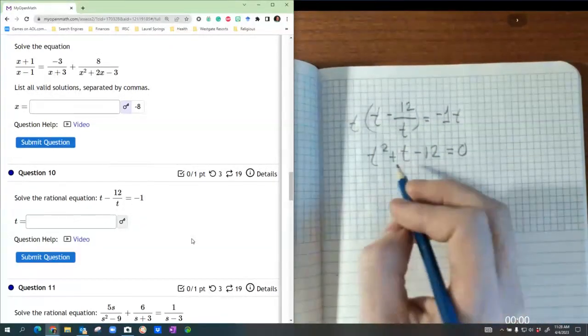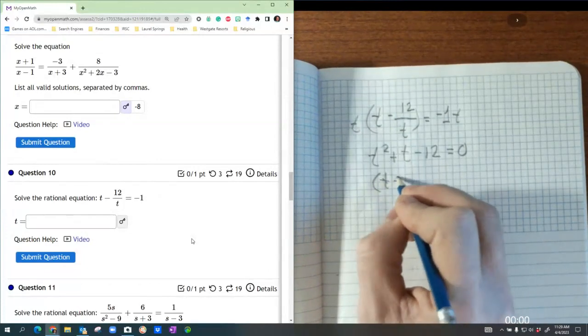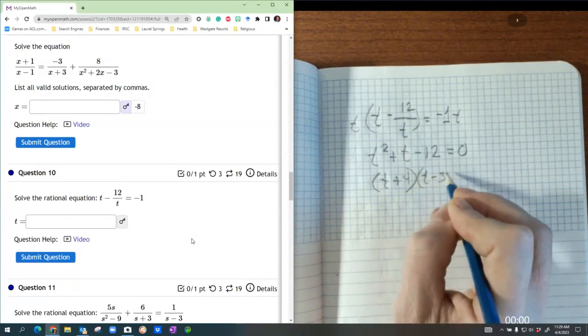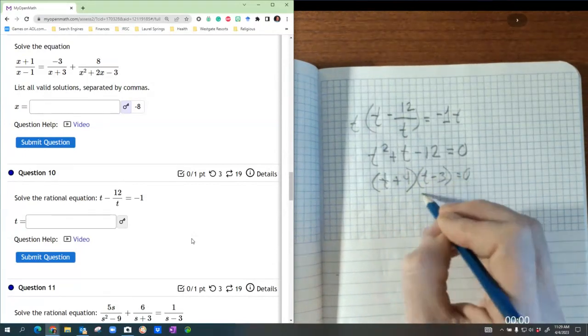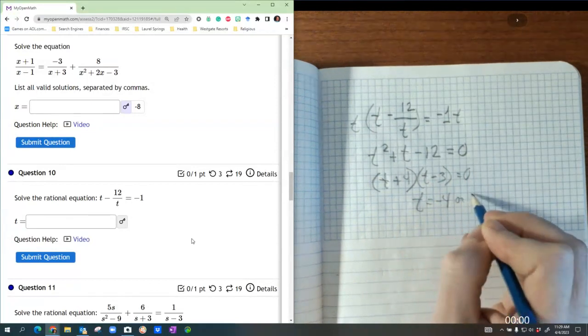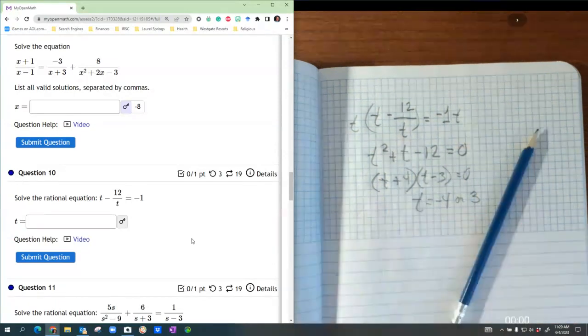Then it's going to be 3 and 4, so t plus 4 times t minus 3. So t equals negative 4 or positive 3. That doesn't make a 0 appear in the denominator, so we're good to go.